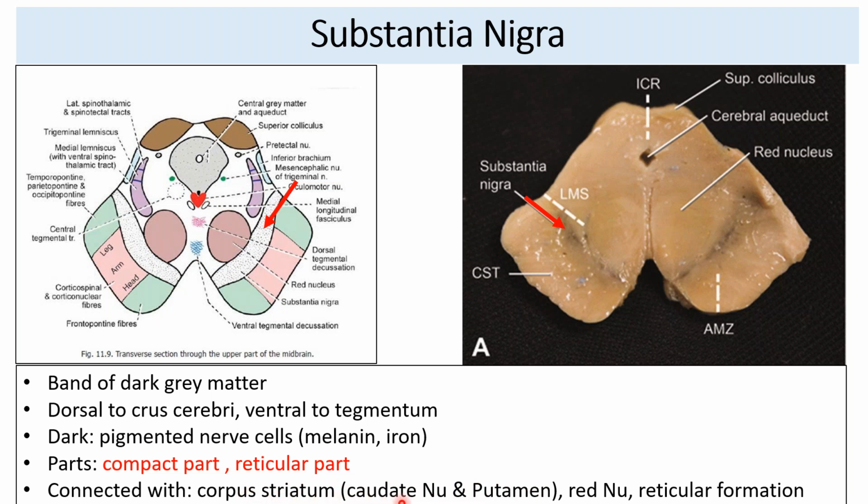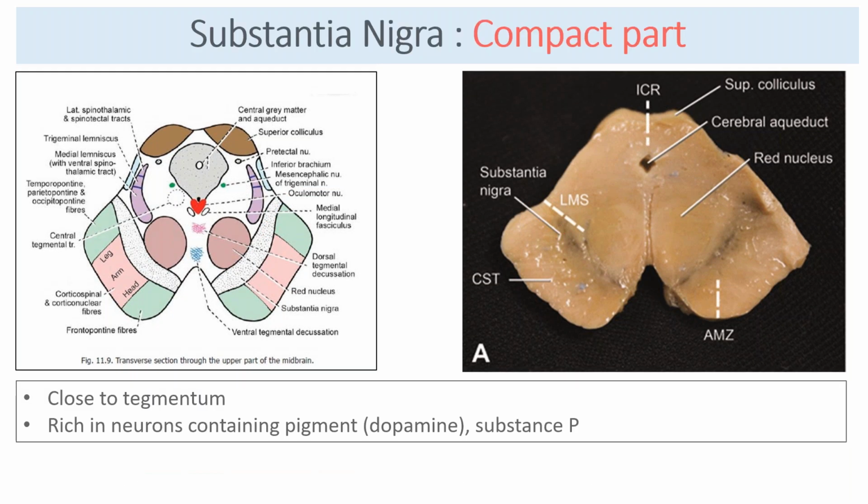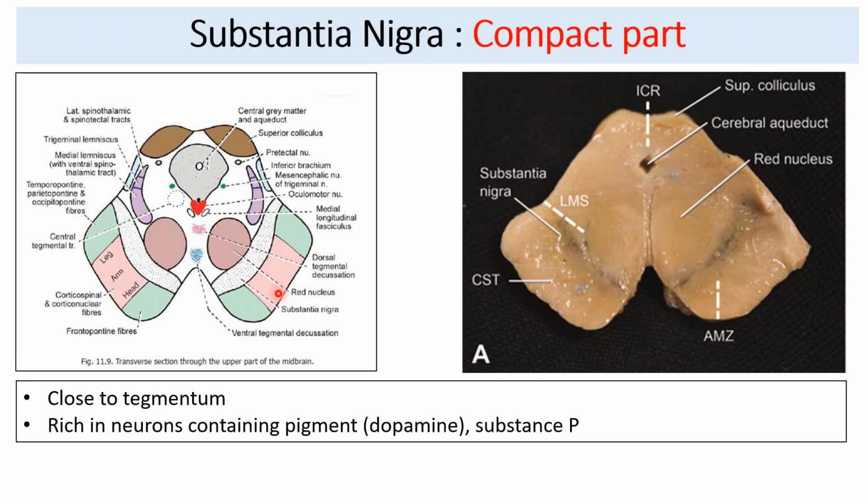They are also connected to the red nucleus and to the reticular formation. So this is an important, darkly pigmented gray matter connected mainly to the corpus striatum. Now the compact part of the substantia nigra is close to the tegmentum, so it is the more posterior part, and it is richly populated by neurons containing dopamine and substance P.